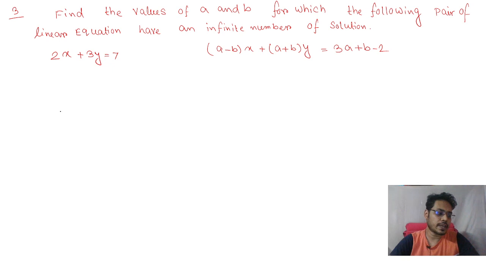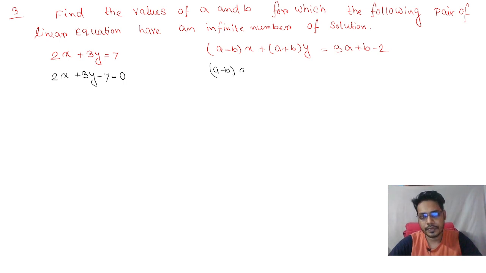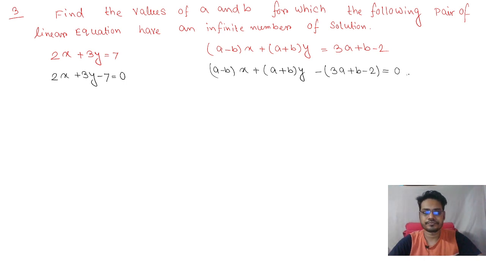So now you have to write the first equation in the form of a1x plus b1y plus c1 is equal to 0. That means 2x plus 3y minus 7 is equal to 0, and this one is a minus b into x plus a plus b into y minus 3a plus b minus 2 is equal to 0.